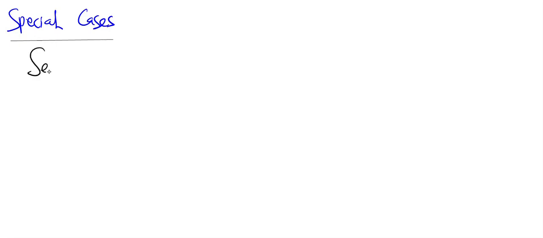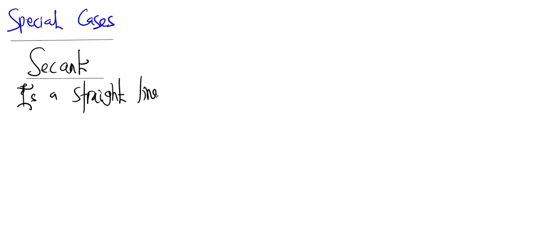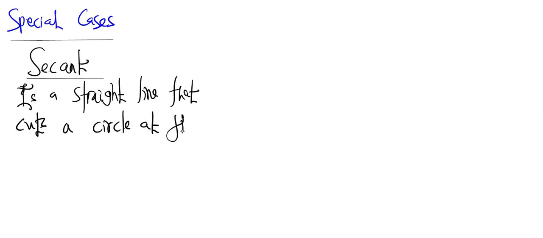Let us talk about what we mean by secant. A secant is a straight line that cuts a circle at two distinct points.